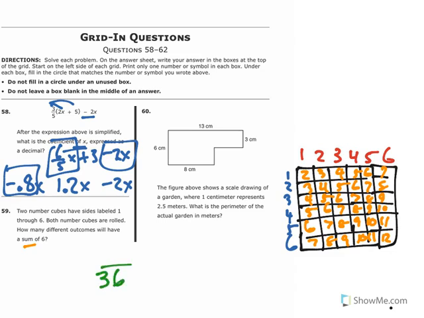Now, this is certainly not something I would do for the sake of this question, but just so you can see, these are my different sums: 2, 3, 4, 5, 6, 7, 8, 9, 10, 11, 12. How many ways can I roll a 2? Only one way. How many ways can I roll a 12? Only one way.